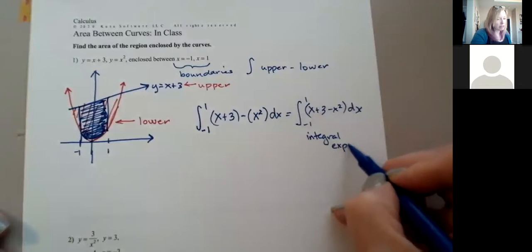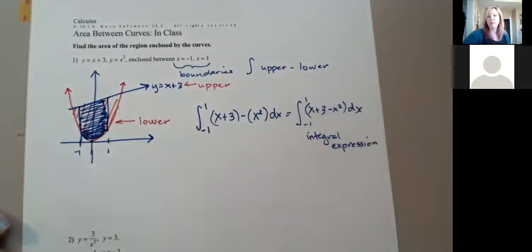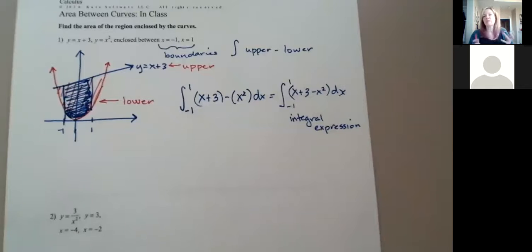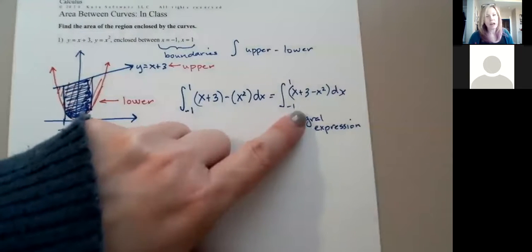Right now, we just finished all these chapters on how to integrate, so I'm not super concerned at this moment to check that you can figure out your definite integral correctly. What I'm asking you to do is make your sketch and get to the point where you have an integral expression that you could integrate.